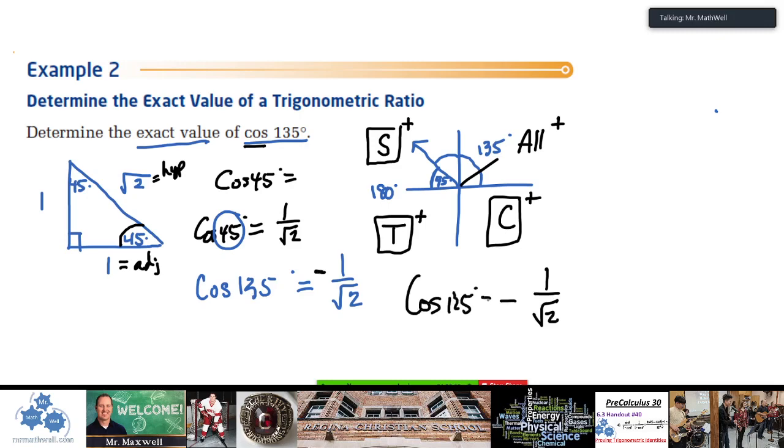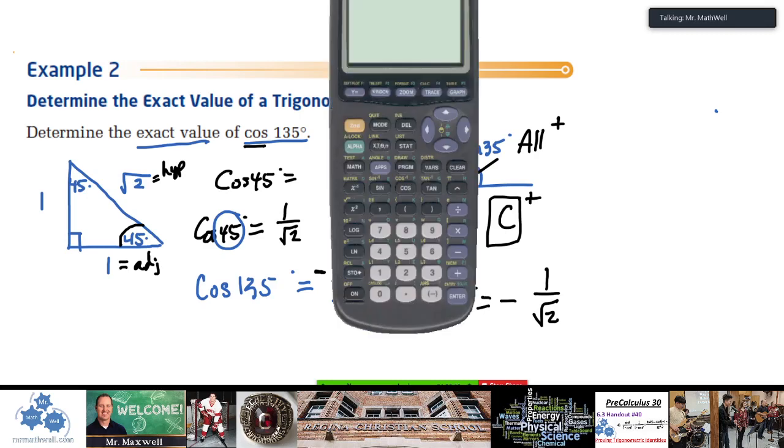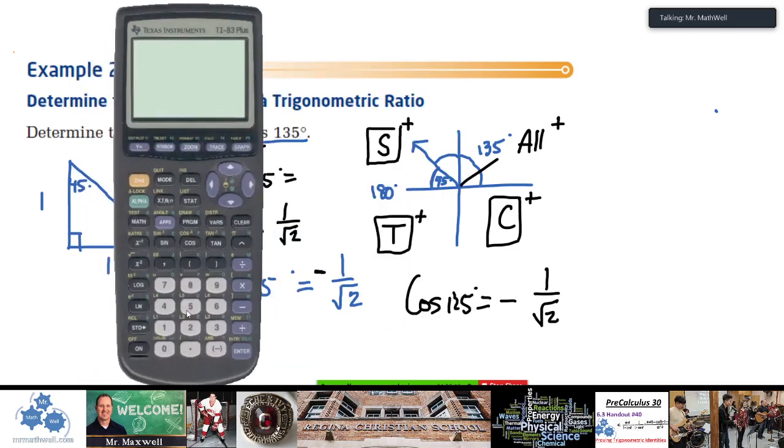Now, you could check this with your calculator, which I will do. Cos of 135 equals, and you want to make sure you're in degrees here. That's what our calculator gives us.